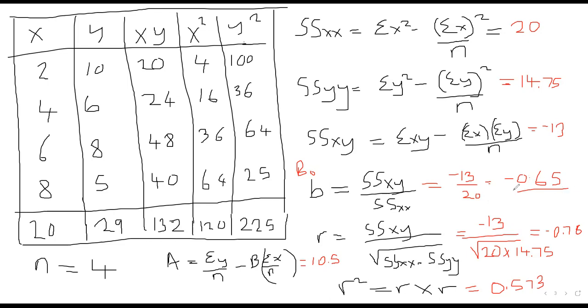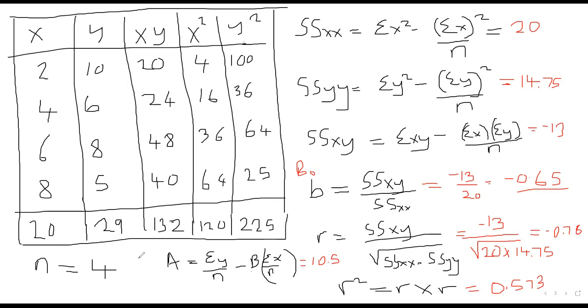Now this slope is part of the intercept, the a formula. So if you get this wrong, it means your a becomes wrong as well. So to find the value of a, it's summation of y, which was 29 over 4, minus this very b, minus 0.65, you put it here.